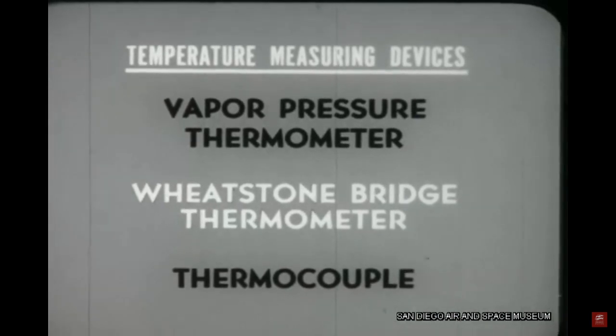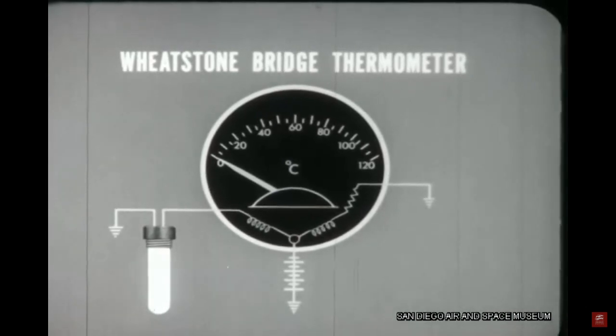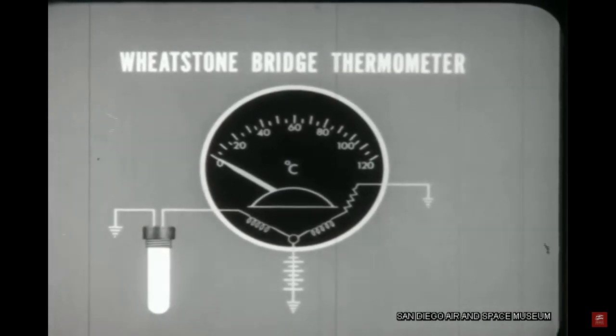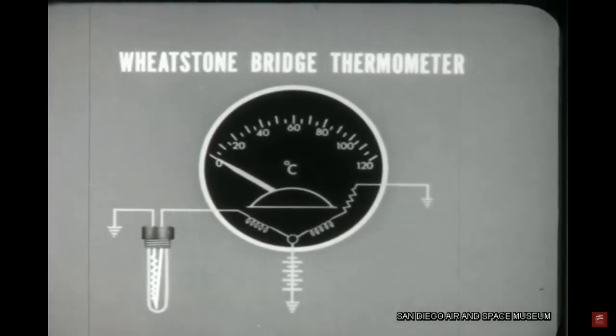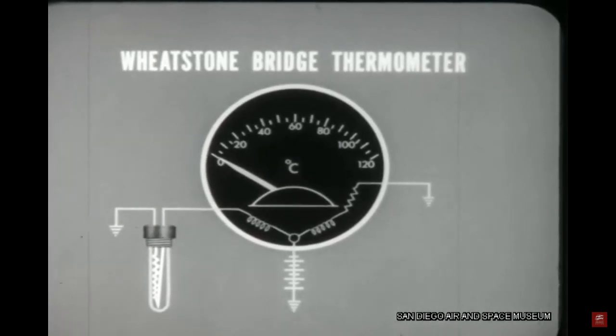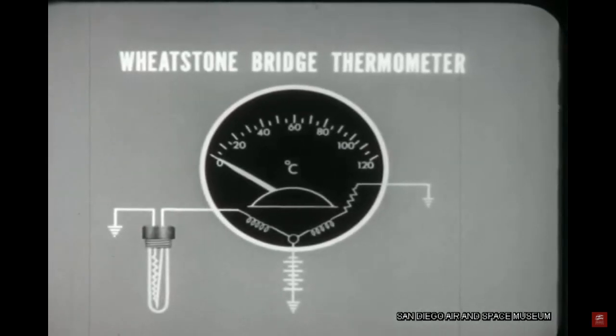It is frequently used in multi-engine aircraft where long lengths of liquid-filled tubing would be impractical. The Wheatstone bridge thermometer has a bulb which is inserted at the point where temperature is to be measured. This bulb, however, is not liquid-filled. It contains a resistor of special wire which increases its resistance to the flow of electricity as its temperature rises. From the resistor, wires run to the thermometer instrument in the cockpit.